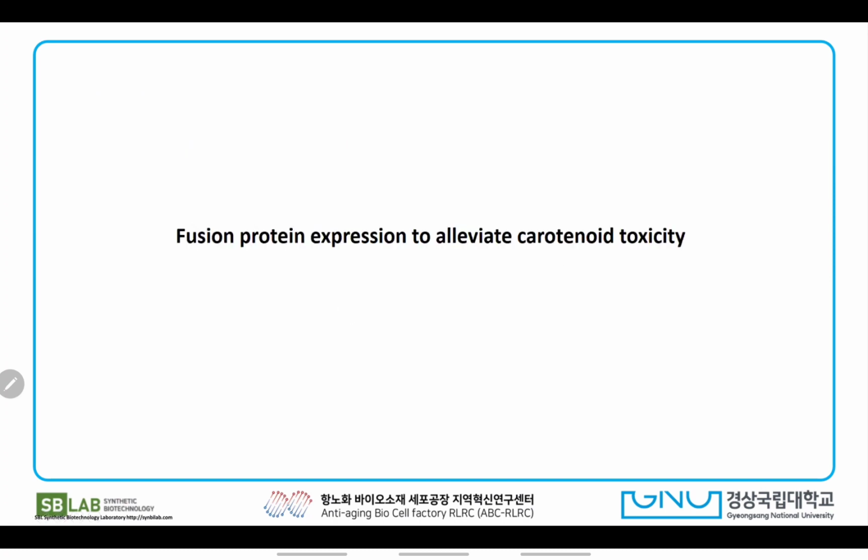So moving on, another work that we are doing simultaneously, in parallel: we also try to alleviate this carotenoid toxicity by fusion protein expression, because in some papers, many people have reported that the fusion of carotenoid proteins can help increase carotenoid production.